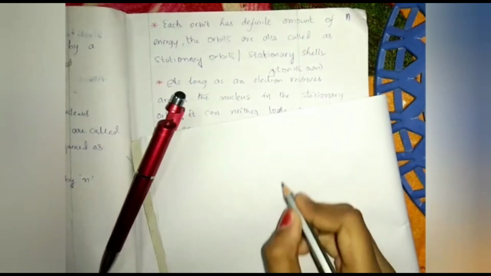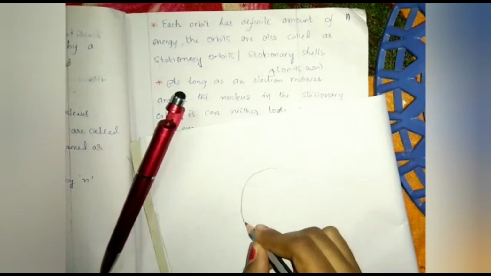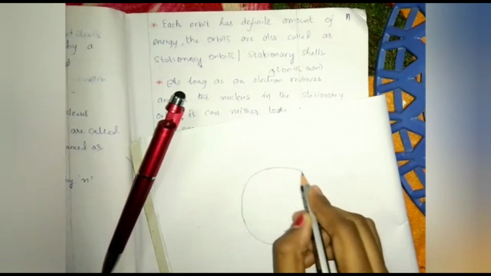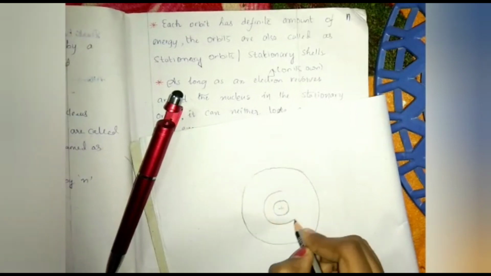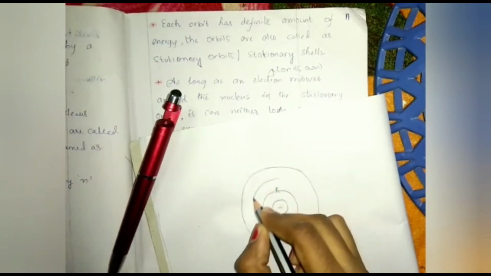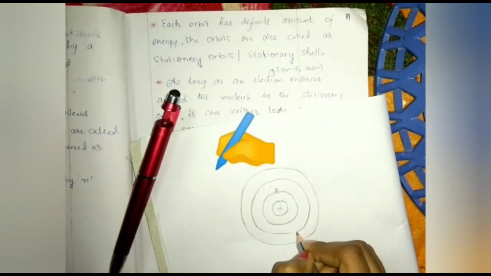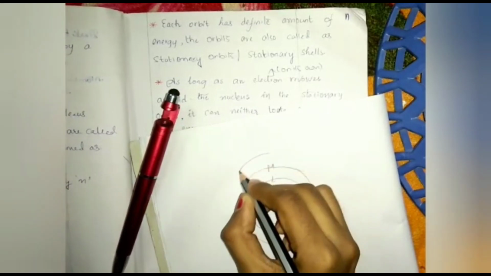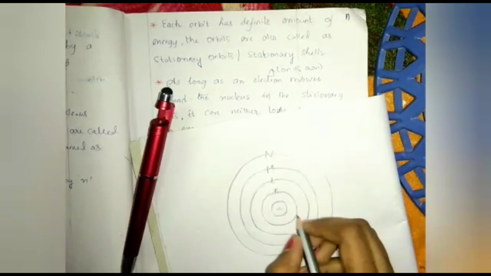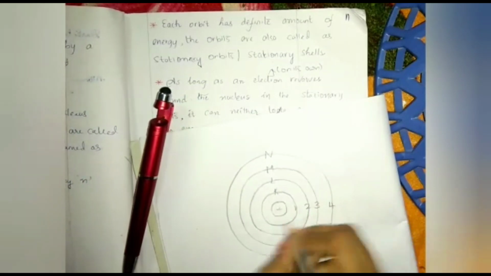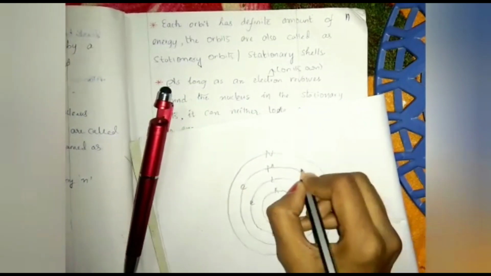Next postulate: each orbit has a definite amount of energy. The orbits are also called stationary orbits or stationary shells. I want to explain this very simple point on the paper for better understanding. I am drawing an atom which has the K, L, M shells, or 1, 2, 3 shells, and these shells are called orbits or stationary shells or stationary orbits.